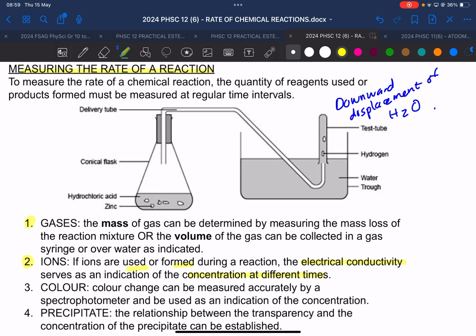So then, we're going to have a chapter similar like this later on, where you're going to put electrodes in liquid, and then you're going to have an ammeter or voltmeter or whatever, and then you're going to measure the rate of the current. Okay, and why can we determine the rate of the current? Because ions, for example a silver ion, can conduct electricity because there's a free electron roaming around.